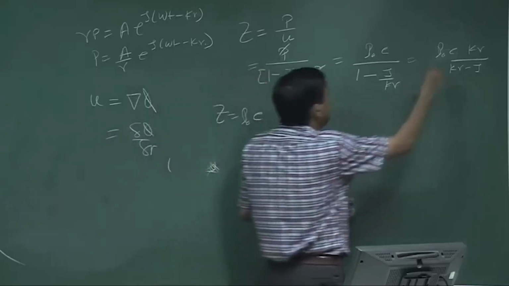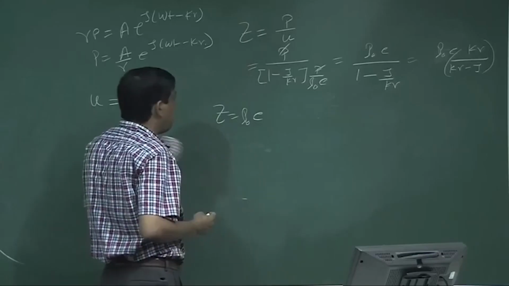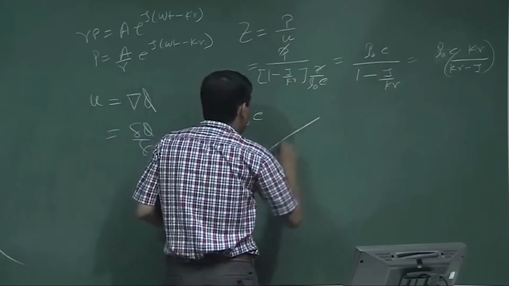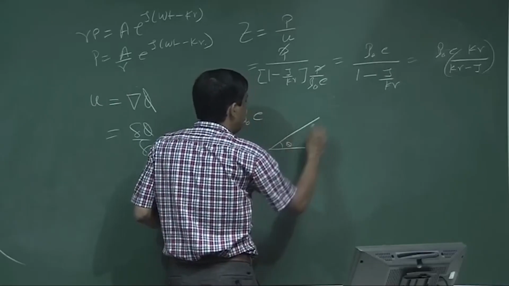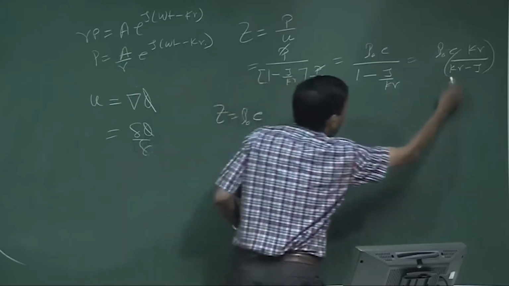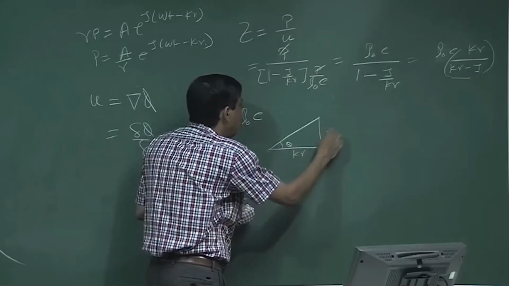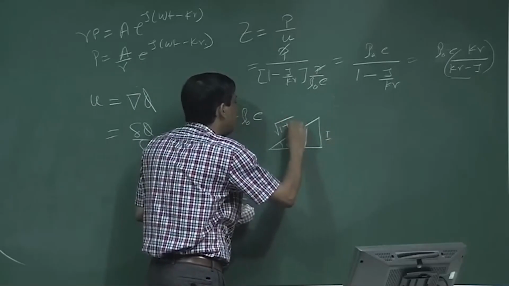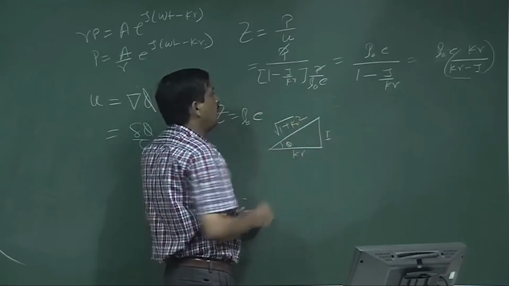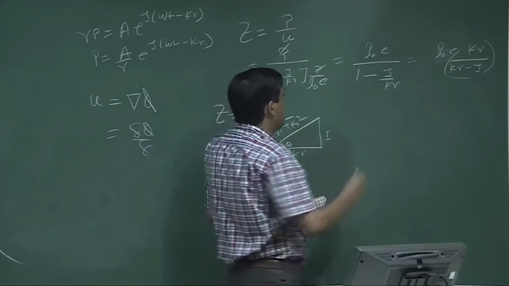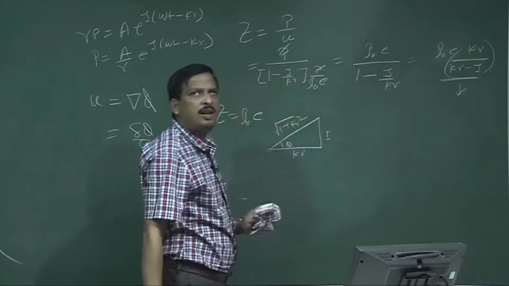Here I am saying there is another complex term. Let us consider this j creating an angle. If this angle is theta, and I represent this complex number in trigonometric form, with k r and 1 as the sides and root over 1 plus k r square as the hypotenuse, I can write this complex term in terms of amplitude and theta.